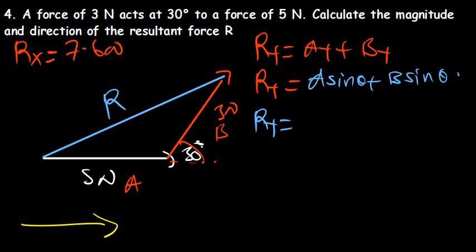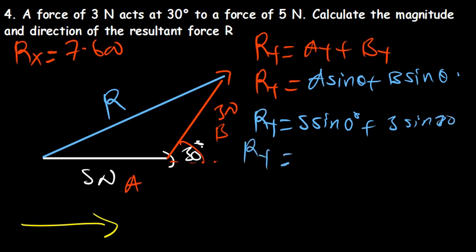In the x component, we are using cos. A is 5 sin 0 degrees plus B is 3 sin 30. So my Ry will be 5 sin 0, which is 0, plus 3 sin 30, which is 1.5. So meaning my Ry will be equal to 1.5 Newton.